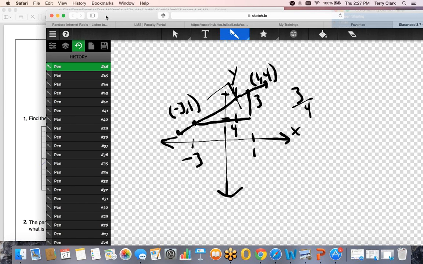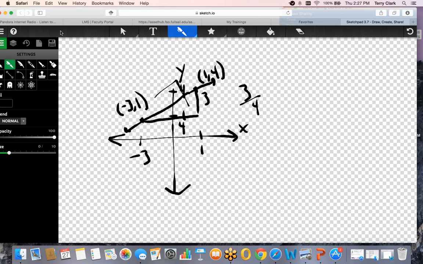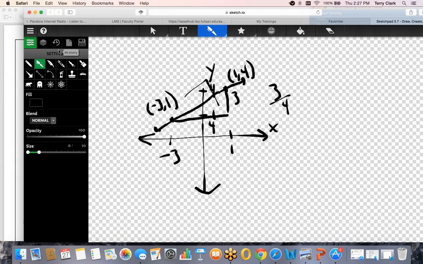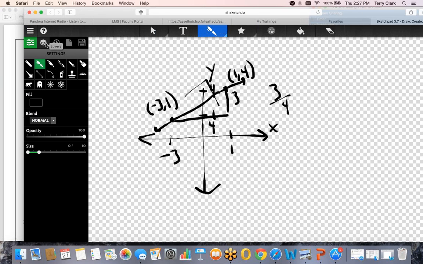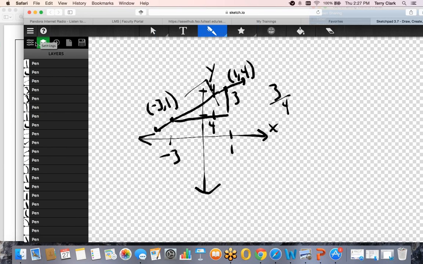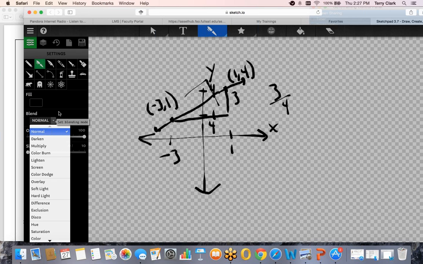Okay, I got to figure out how to clean it now. Okay, so figuring out how to clean it.